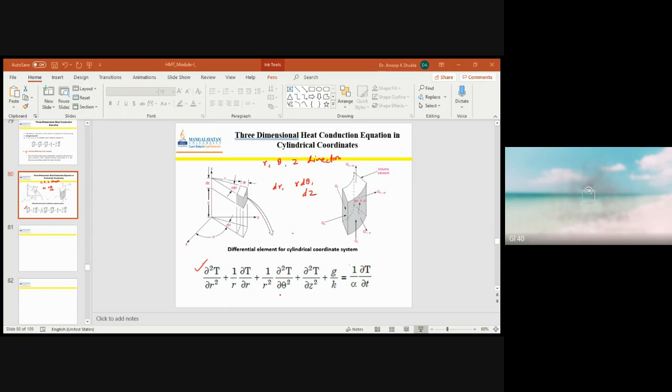So for that case, we assume Qx is equal to 0 and equate it with the Fourier law of heat conduction, that is, k dT/dx equal to 0, and after equating it, you will get the condition dT/dx is equal to 0.